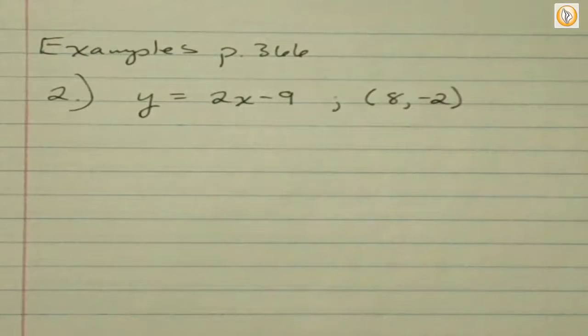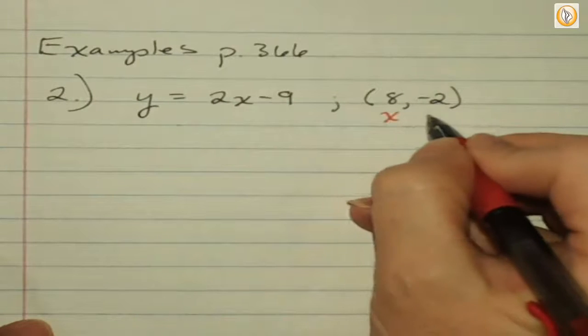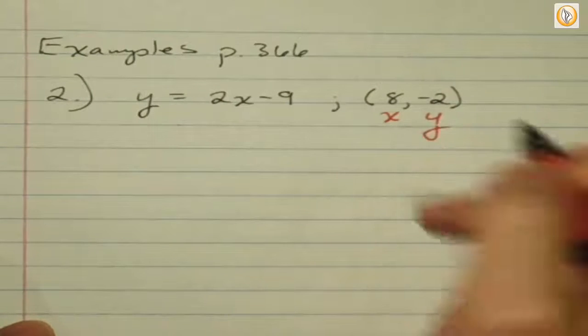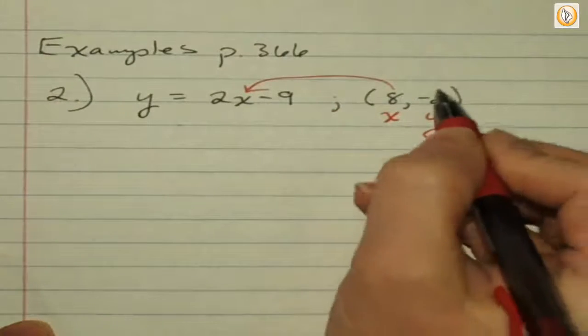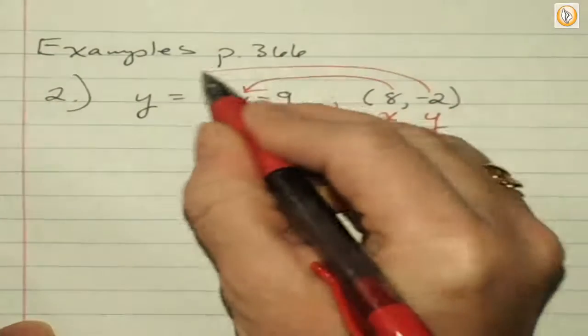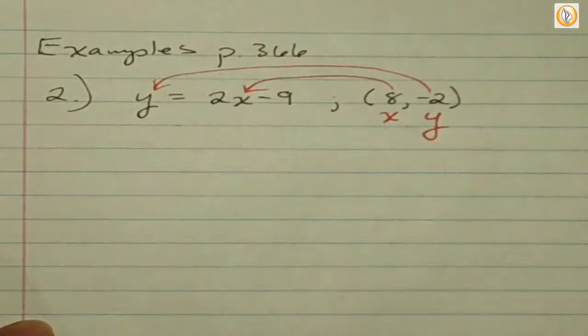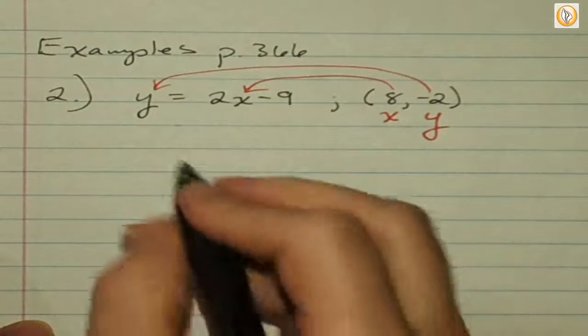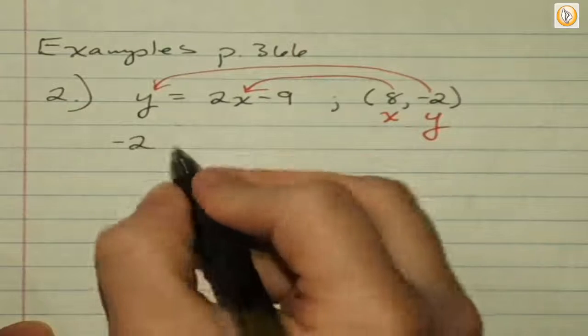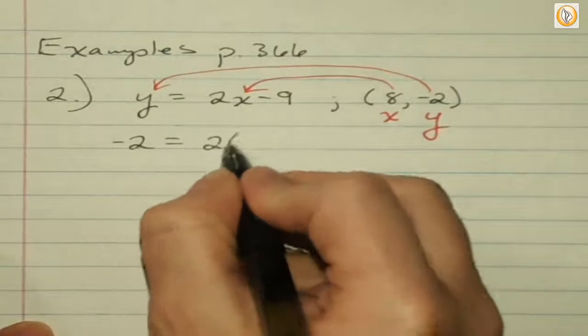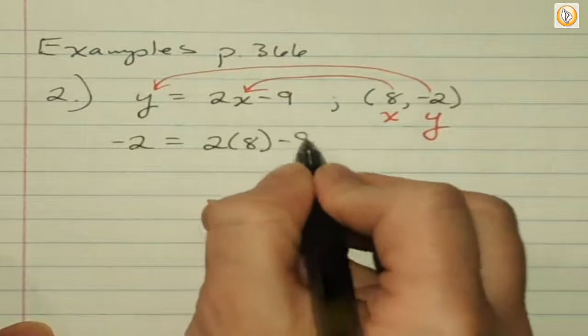So what we do is, this is my x, this is my y. We're going to substitute the 8 in for x and the negative 2 in for y, and then see if it comes out correctly. So negative 2 equals 2 times 8 minus 9.